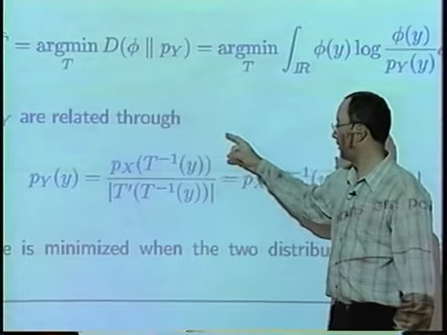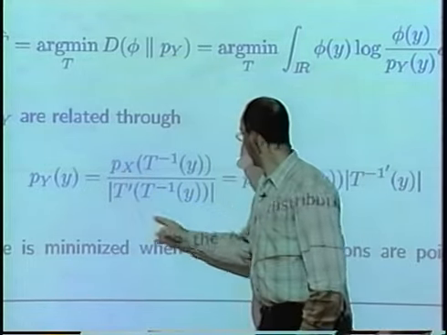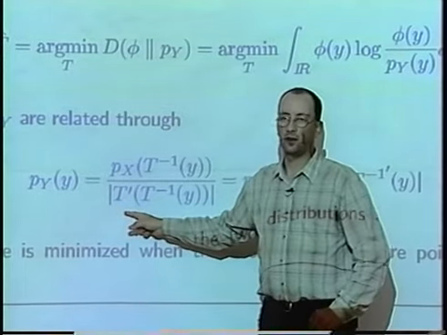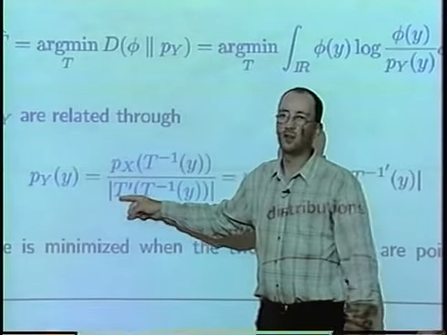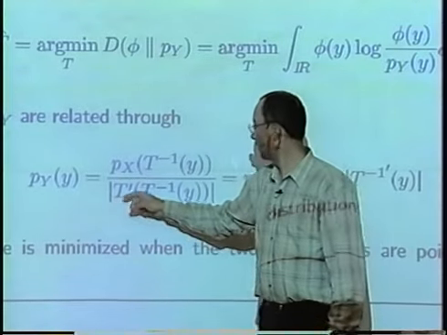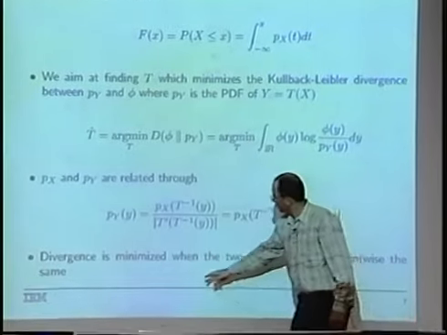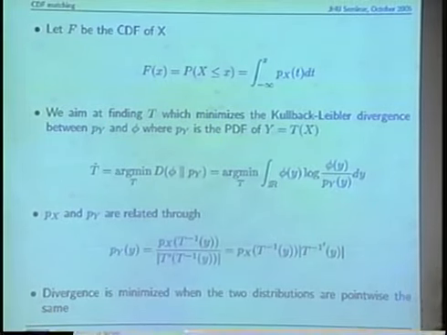It will be easier to follow. And the two are related through this equality where this term here is the absolute value of the Jacobian of the transformation, which in the case of one-dimensional transforms is simply the derivative of the transformation. Okay? So, divergence is minimized when the two distributions are pointwise the same.